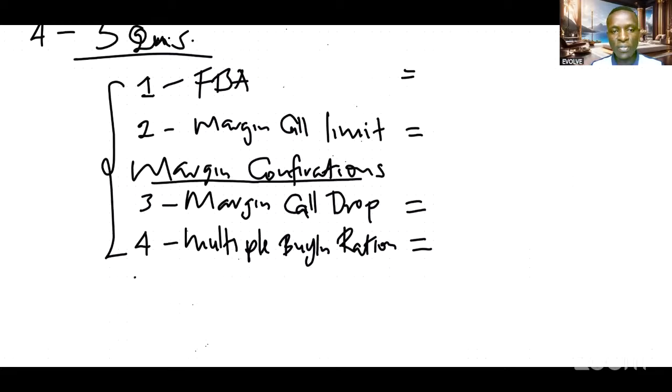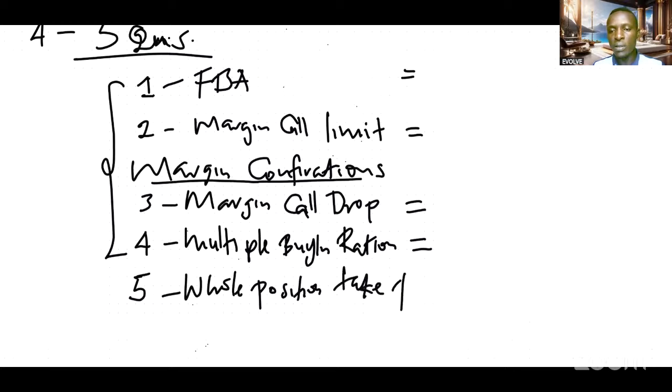Number 5, what profit? That one in Royalq is wall position take profit ratio. How much money or how much percentage do you want the robot to give you on each trade or each coin that it is going to sell?